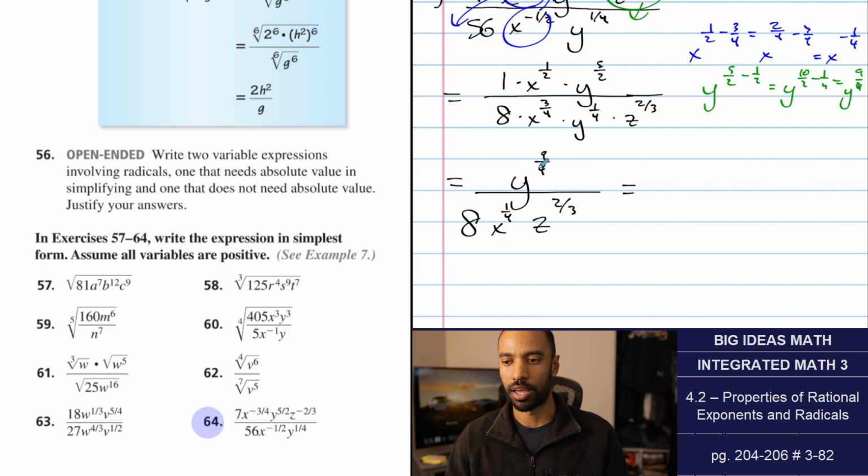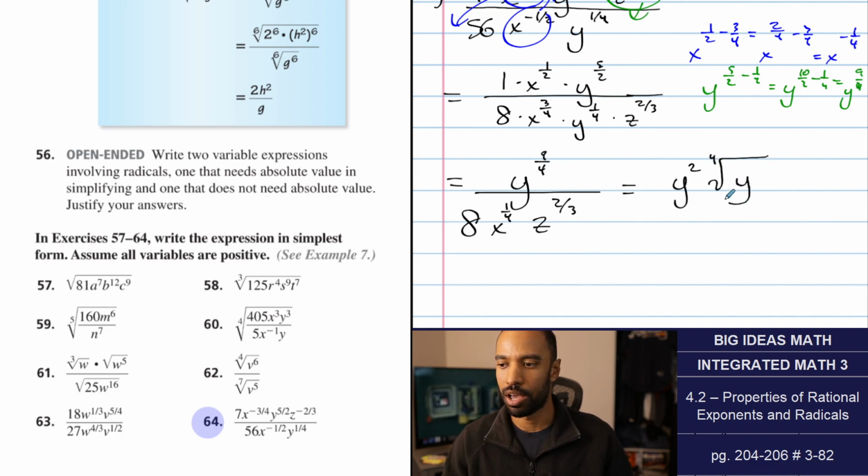First of all, when I work on the top here, this is where I'd want to talk about 9/4, 9 divided by 4. 4 goes into 9 twice, so that's y squared. And then there's still a remainder of 1. Remember, the 1/4 power means the fourth root of. So this is 9 divided by 4 is 2 with a remainder of 1 out of that 4.